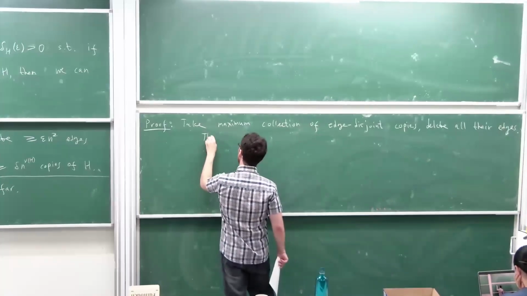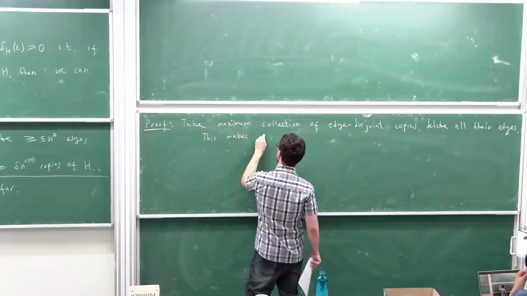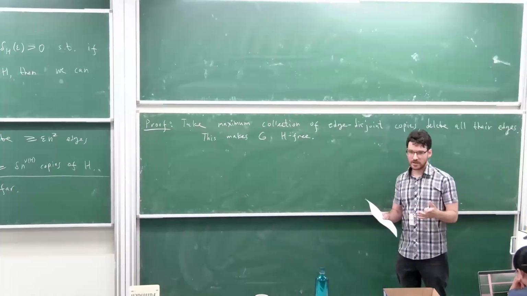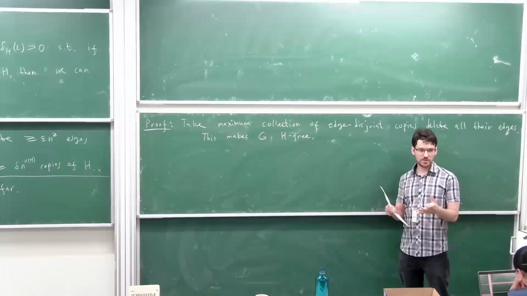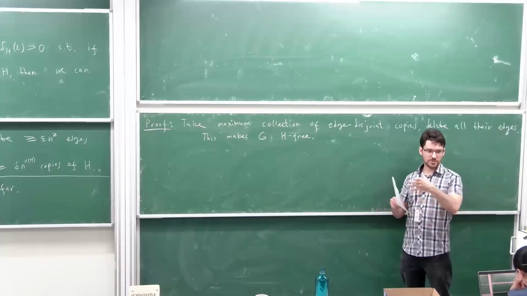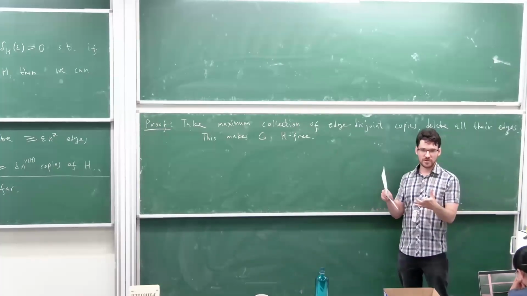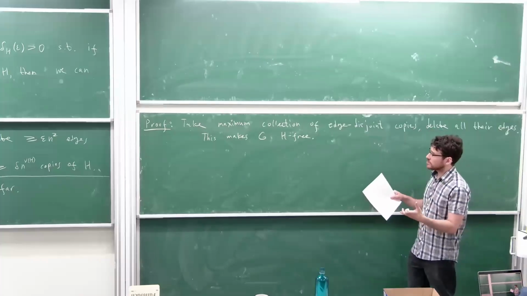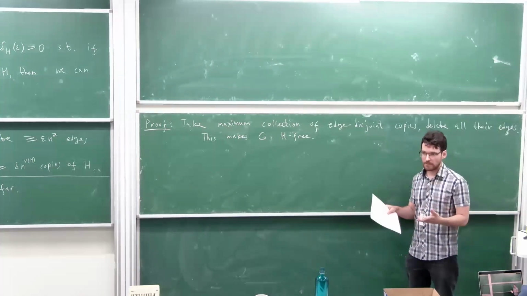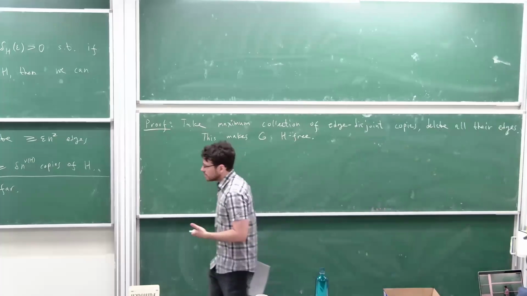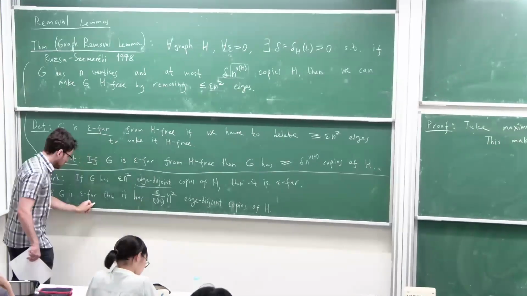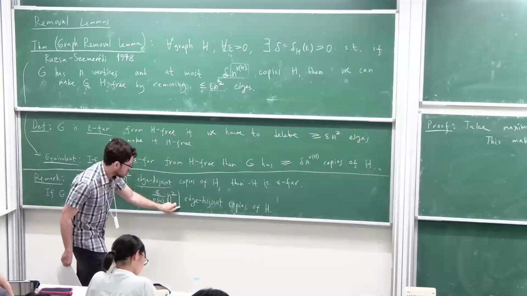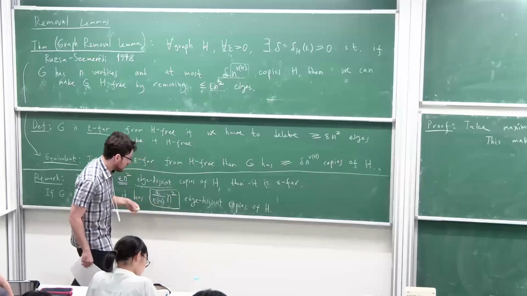This makes G H-free. Because if I take a maximum collection of edge-disjoint copies of H, then every other copy must share an edge with one of these, else it's not a maximum collection. So if I delete all of their edges, then I have no copies of H. And if I assume that G is epsilon-far, that means I have to delete at least that many edges, and that means that my collection must have this many copies, else I could delete fewer.